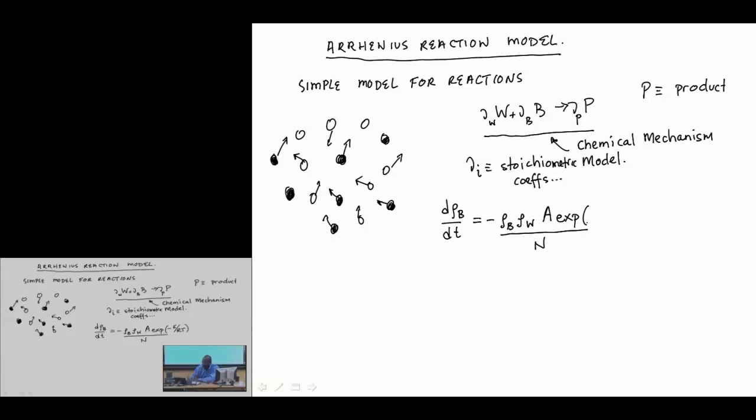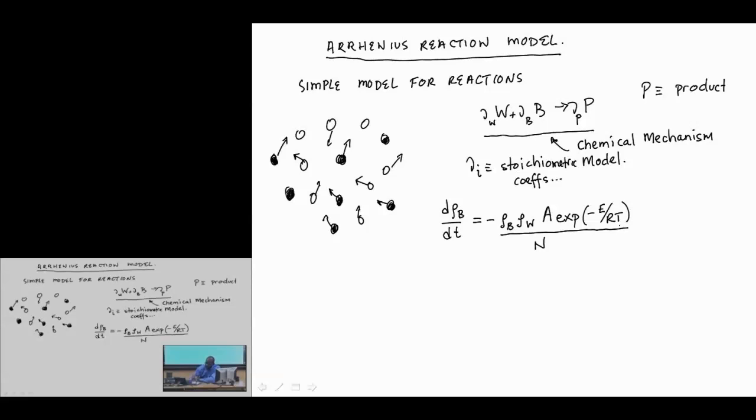And so let's see if we can make sense out of why this has to be true. So there should be a dependence on the relative amounts of B and W, and there's always a dependence on the temperature. And let's follow this through.